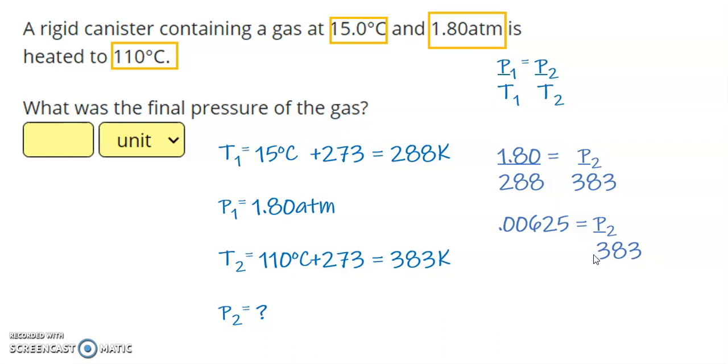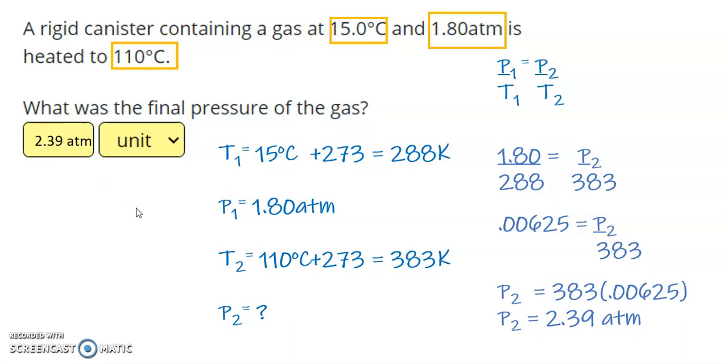Equals P2 divided by 383. I want to get P2 by itself, so I multiply both sides by 383. P2 equals 383 times 0.00625, which equals 2.39 atmosphere, and you can put that in the answer box.